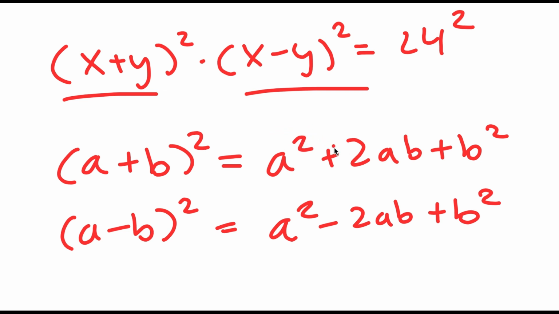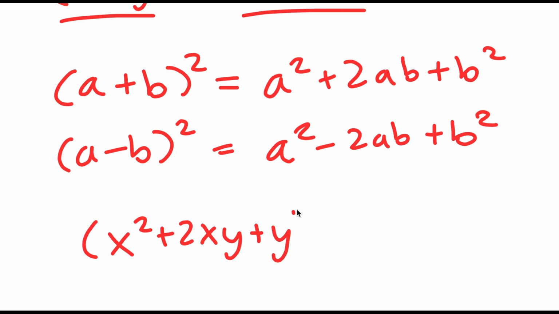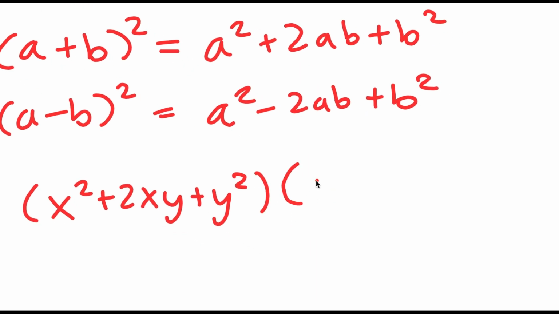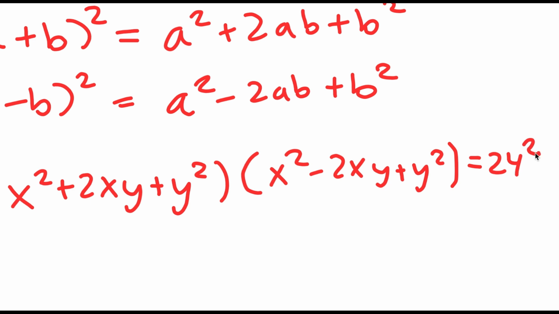So now, by using these two properties on x plus y squared times x minus y squared is equal to 24 squared, I get x squared plus 2xy plus y squared times x squared minus 2xy plus y squared is equal to 24 squared.